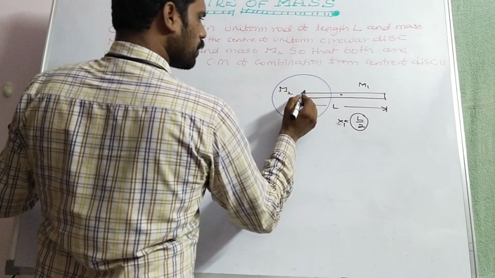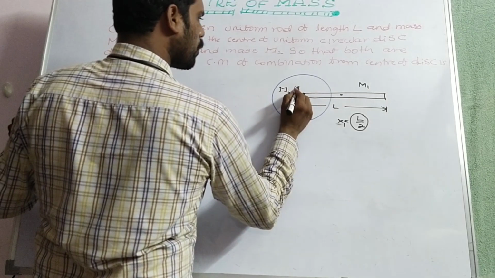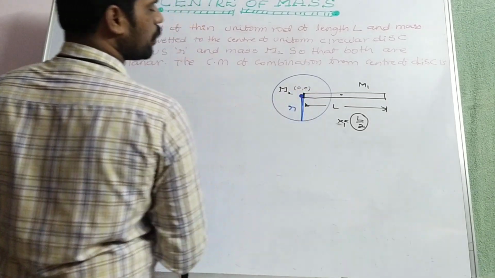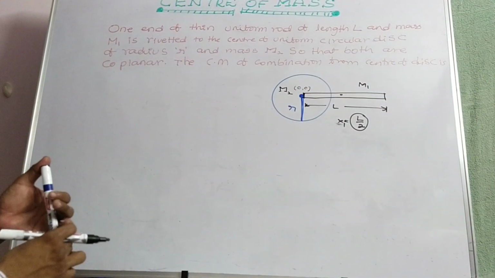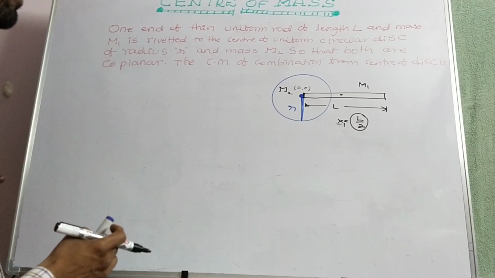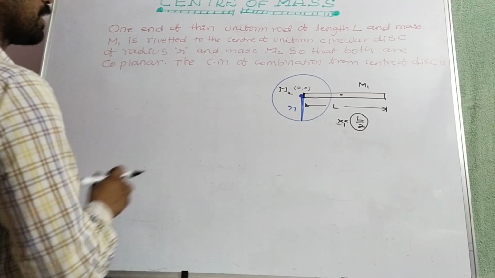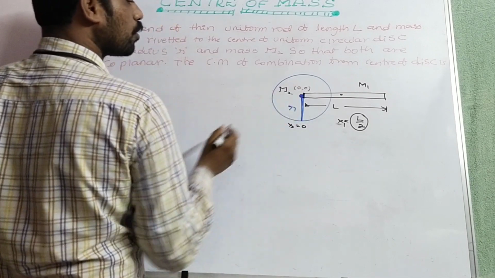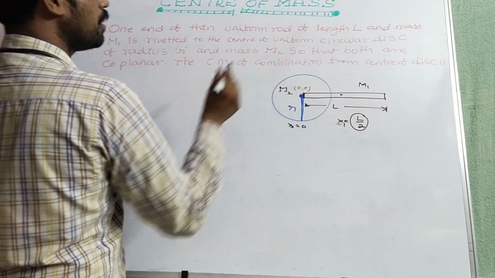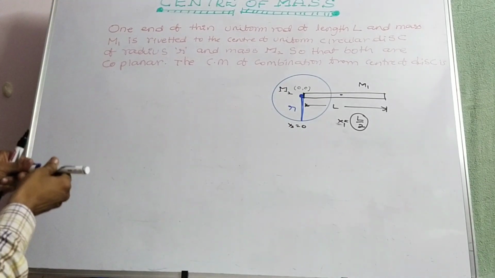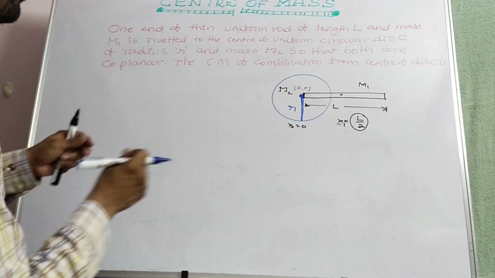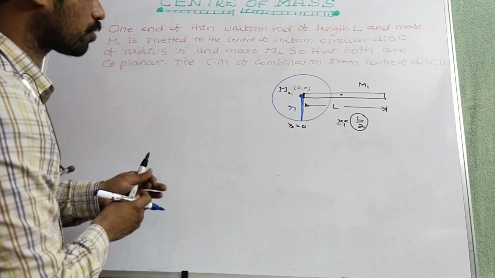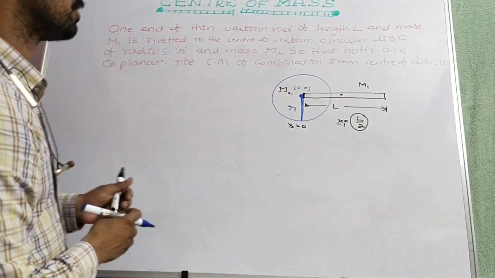For the circular disc, the center of mass is located at the geometrical center, and hence it can be taken as x2 equals 0. Why? Because the point of attachment of the two bodies is taken as the coordinates 0, 0.